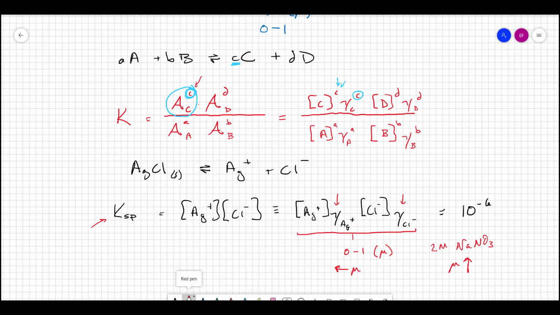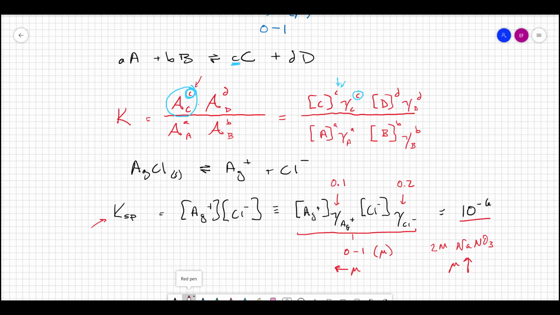And so if those values are, let's just make things up, 0.1 and 0.2, then the apparent concentrations of silver and chloride are roughly 1/10 and 2/10 of what they would be if we didn't consider activity. So that's much smaller.